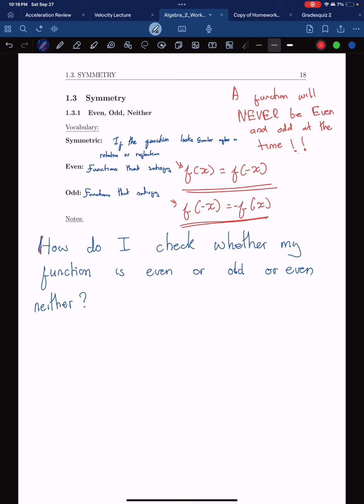Here, for odd functions, if we multiply our function's x values by -1, what we get is a function that has undone the multiplication by -1.